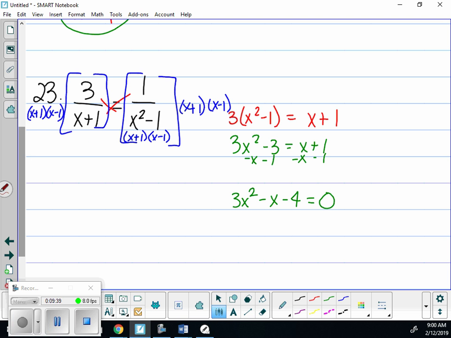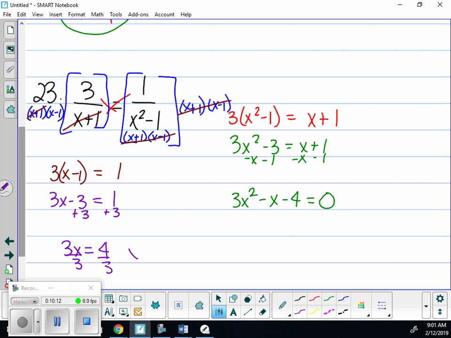So on the left, my x plus 1's will cancel, leaving me with 3 times x minus 1. On the right, my whole denominator will cancel, leaving me with 1. I would have 3x minus 3 equals 1. So 3x equals 4. Divide by 3, x equals 4/3. And then we'd have to plug that back in and see if it works.